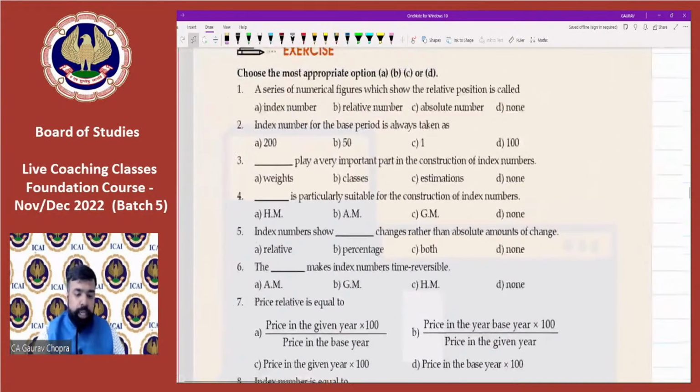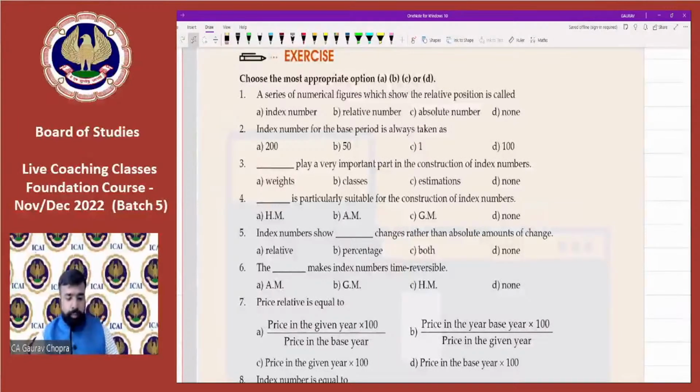Okay, so now let us try to do some questions. Let us take a rapid fire question. A series of numerical figures which shows the relative positions is called index number.